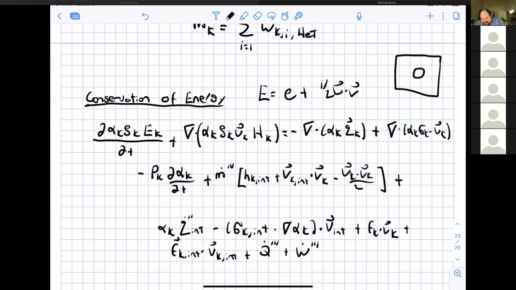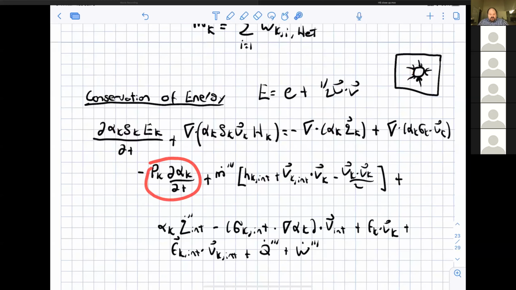Well, as this droplet shrinks, I'm going to have pressure forces that are pushing on that droplet as it shrinks. And so to the gas, basically as the volume of the gas changes, there is pressure work being done as that interface moves. And so this here is actually PDV work. Okay, and so basically this accounts for things like that.